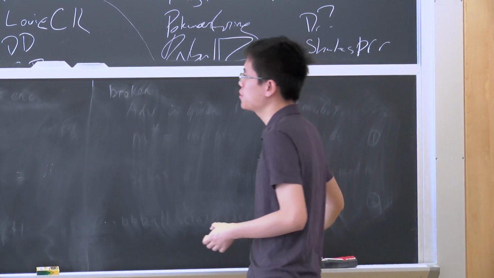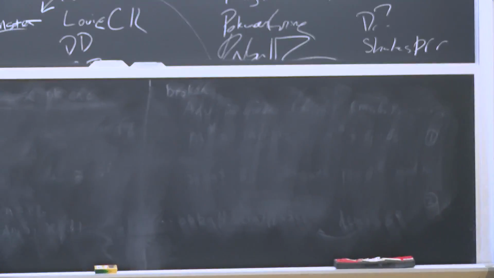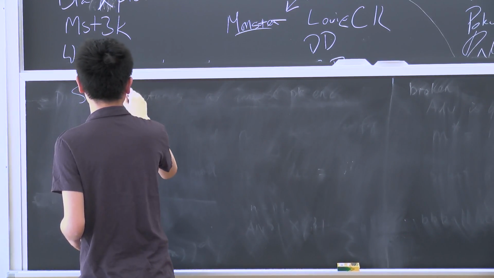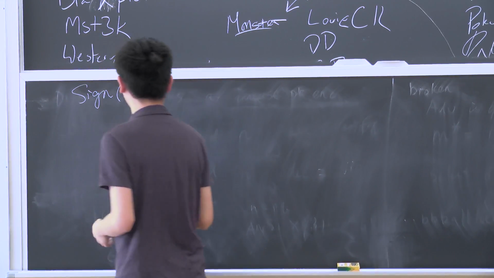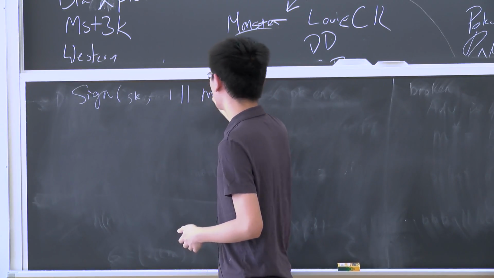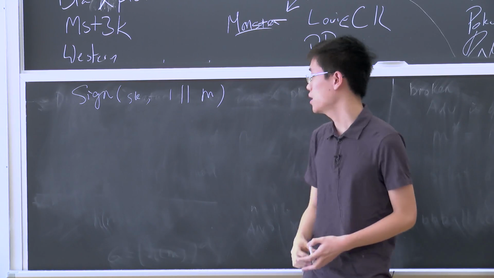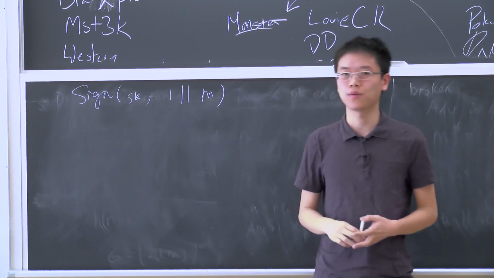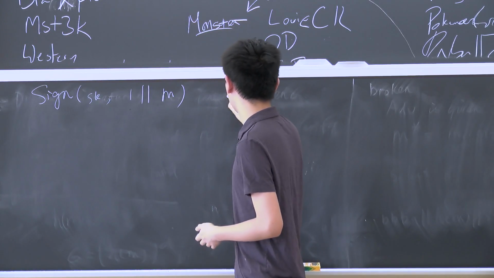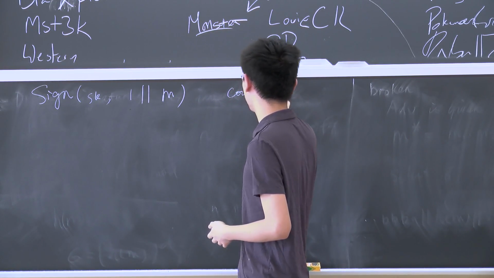Very simple modification. When I sign a message, I'll sign 1 concatenated with my message. Next time I sign 2 concatenated with my message, and then 3, 4, and just have this counter that keeps incrementing.